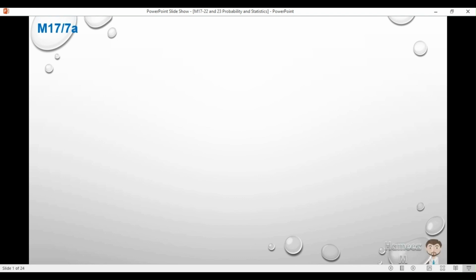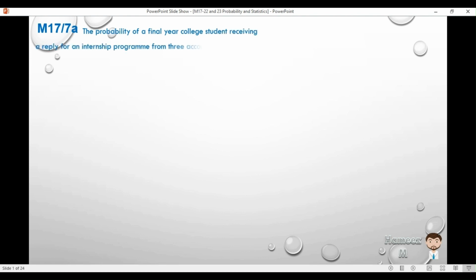May 2017, number 7A. The probability of a final year college student receiving a reply for an internship program from 3 accounting firms, Q, R, and S, is 0.55, 0.25, and 0.20 respectively. So we are seeing the probability of these 3 firms.